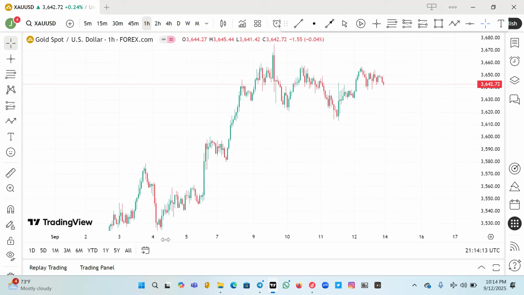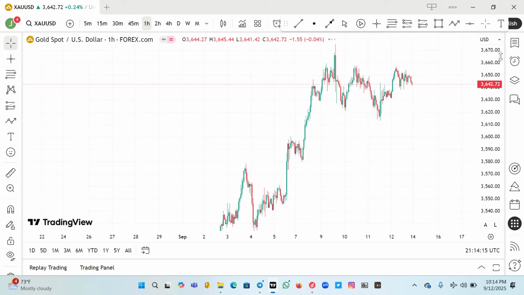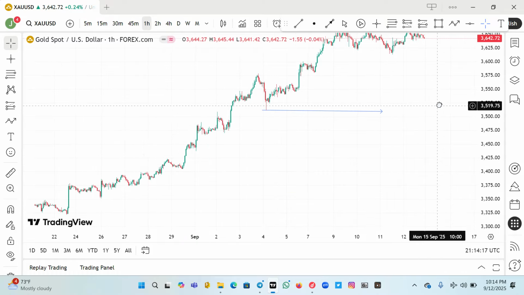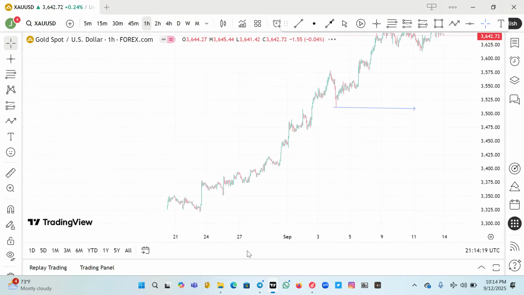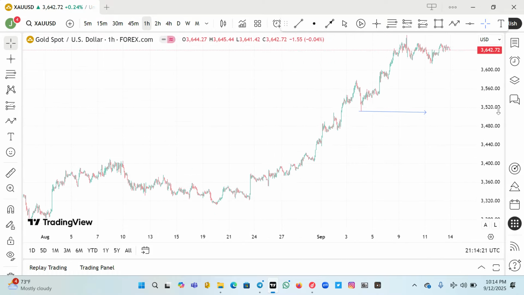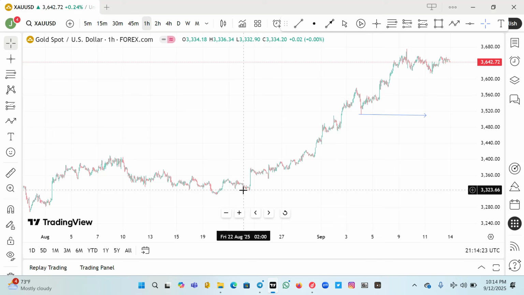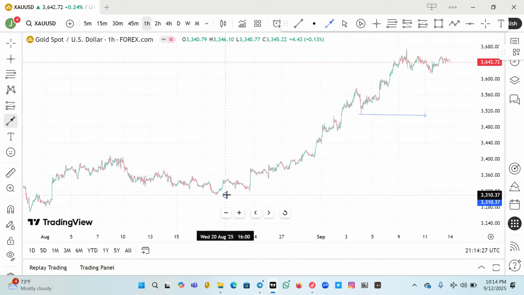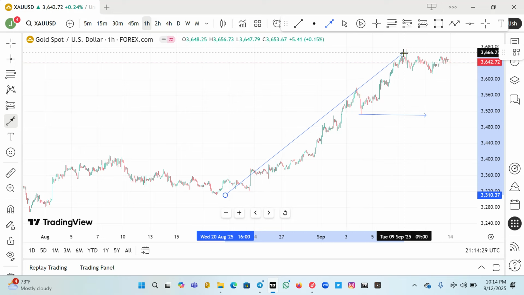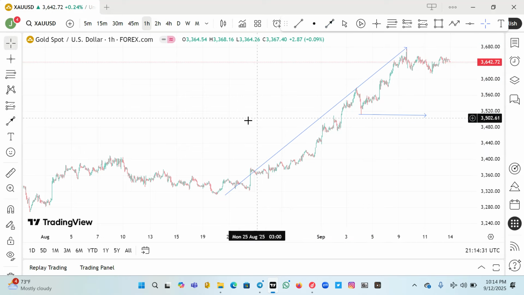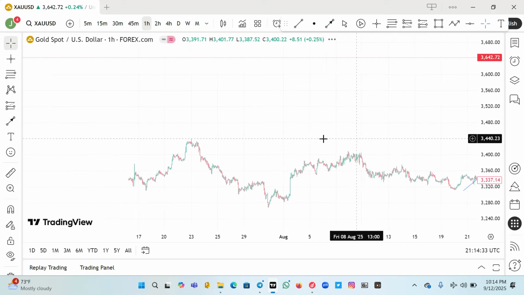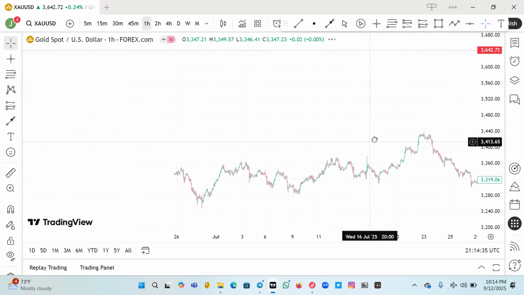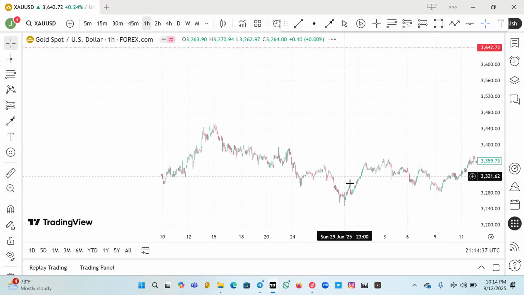Now, we have this guy here. If you check gold carefully, XAUUSD, we see that this guy has been moving in an uptrend. It has been moving in an uptrend, right? Then let me move further, or let me move to the back.